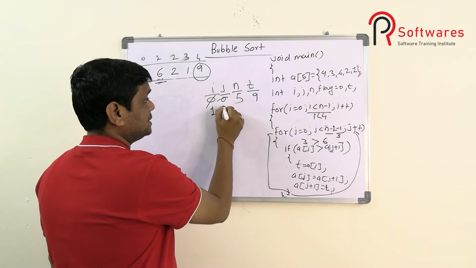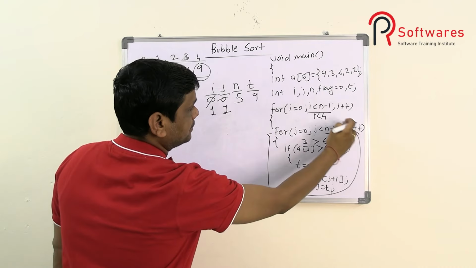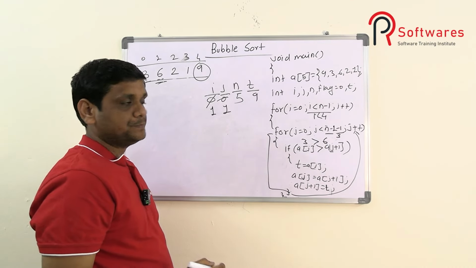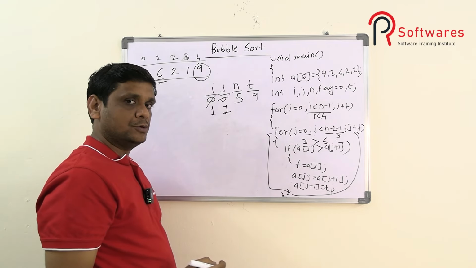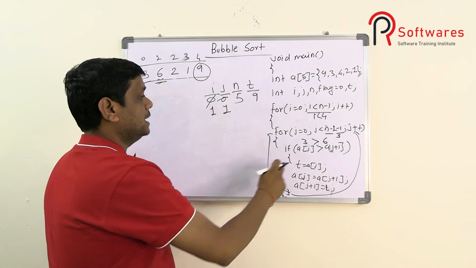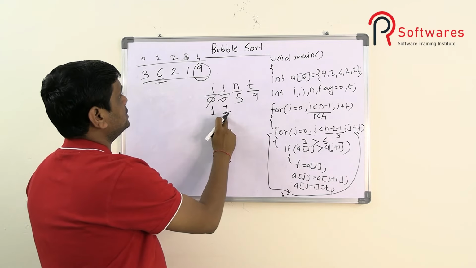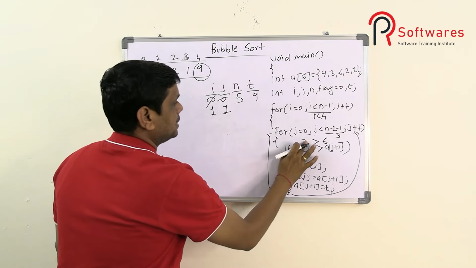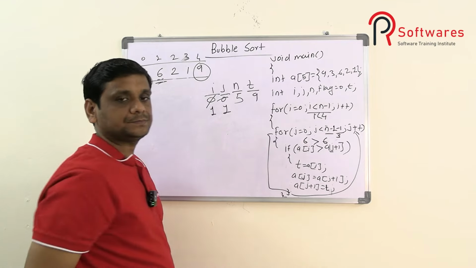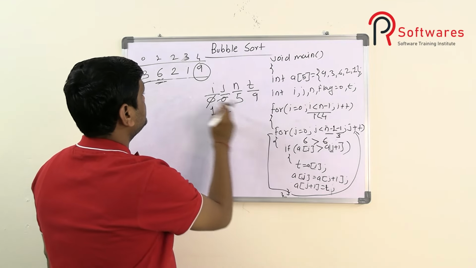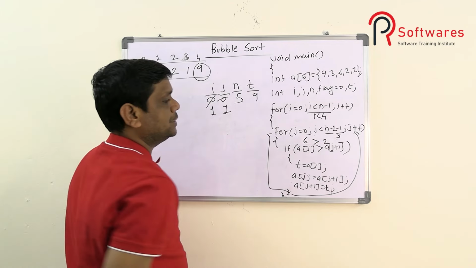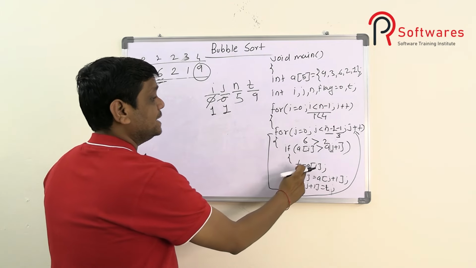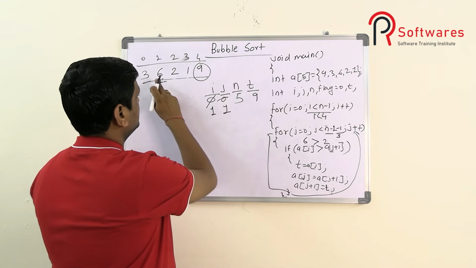Next, j plus plus, j will become 1. 1 less than 3. Condition true. True means it will come inside. Again, A of j is how much? A of 1 is 6. So this value will become 6, greater than A of j plus 1. J plus 1 is 2. So 6 greater than 2. Condition true. True means A of j is 6.